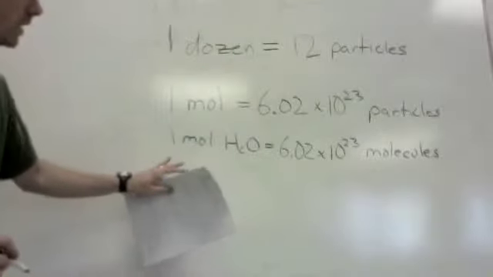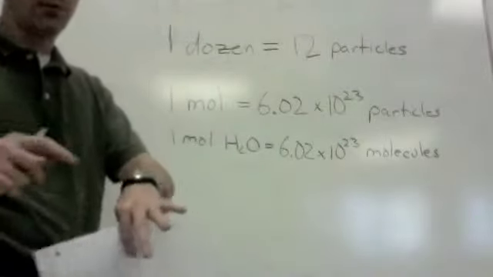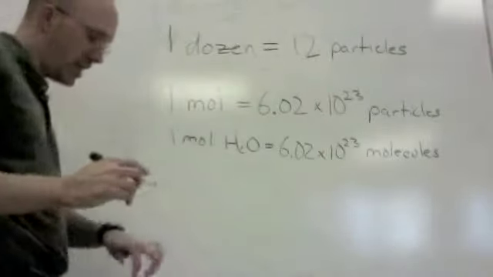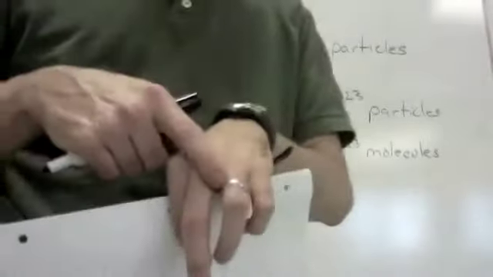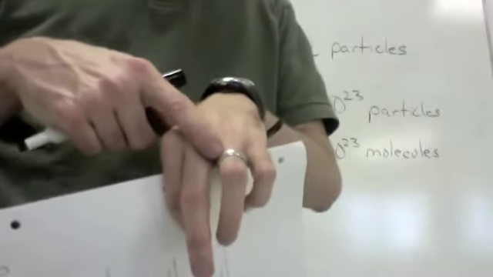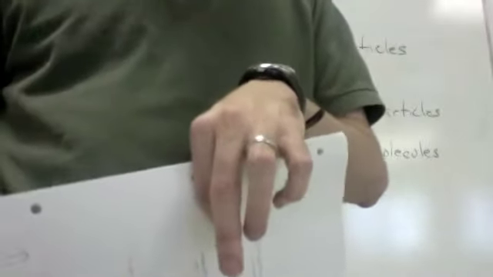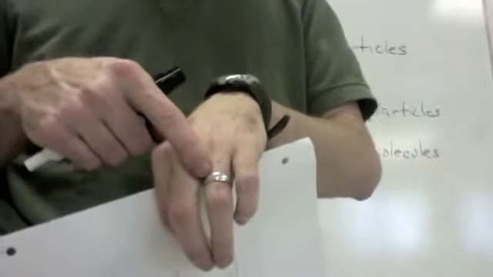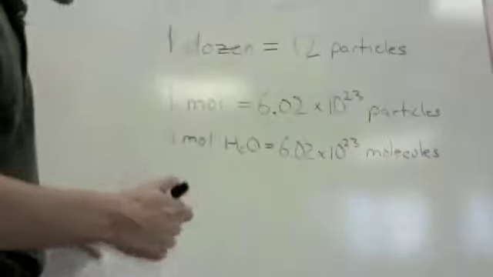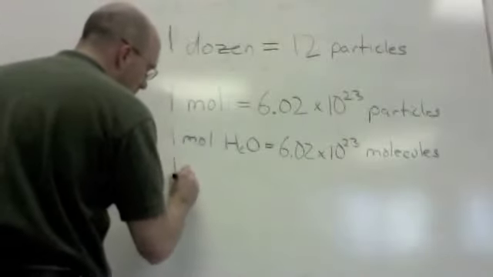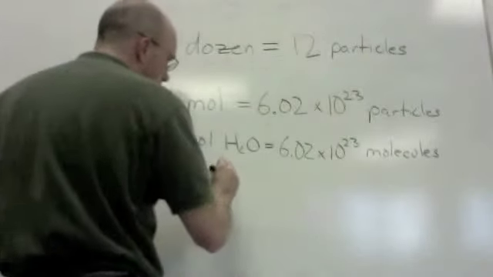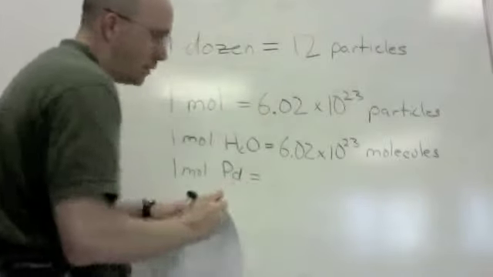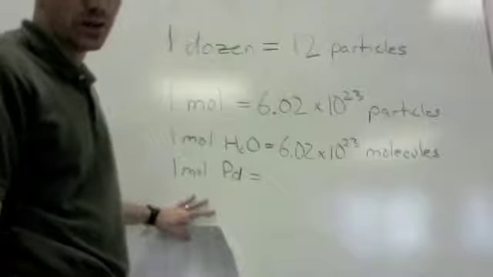If you had, for example, my ring right here is palladium. That means when you have a pure metal, it's not made of molecules. It's made up of individual atoms of whatever that element is. So this ring is made up of palladium atoms. So if you had 1 mole of Pd, it would mean you have 6.02 times 10 to the 23rd of something.